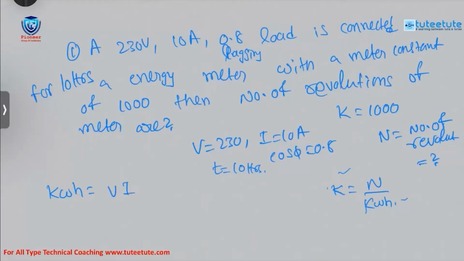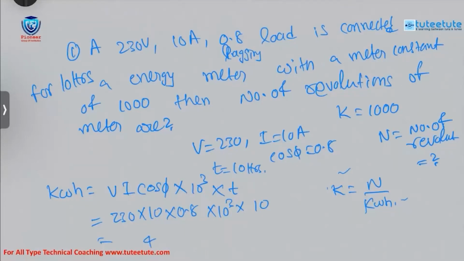Kilowatt hour is VI cos phi into T divided by 10 cube.